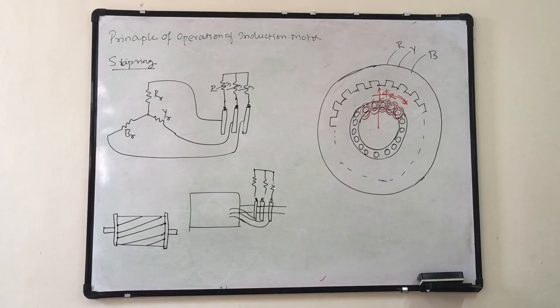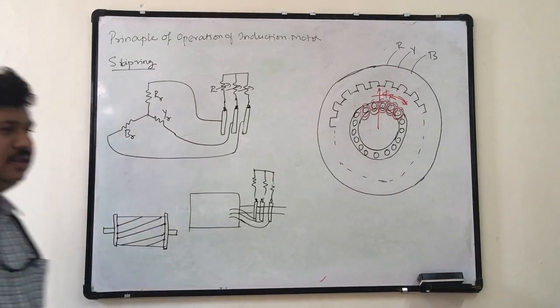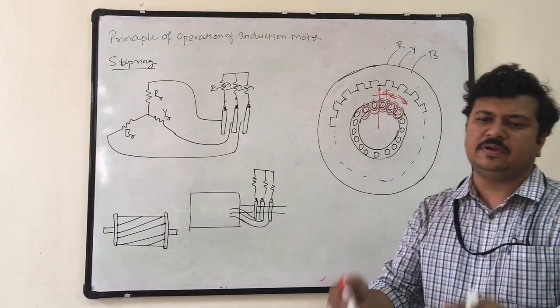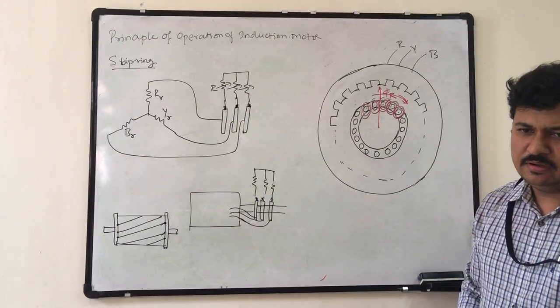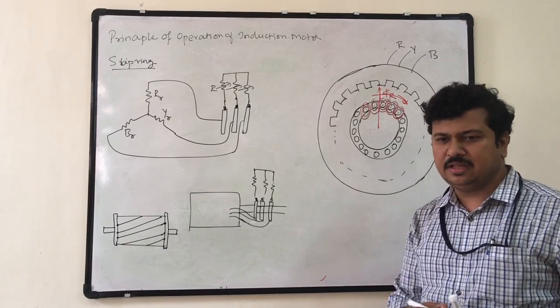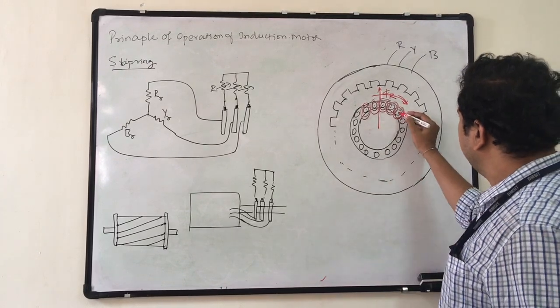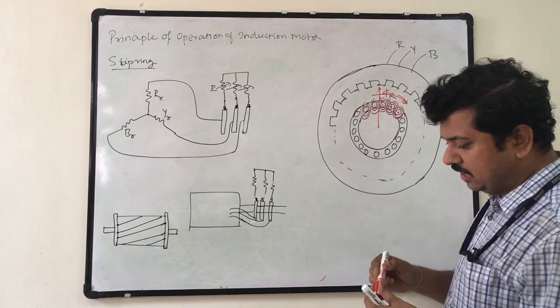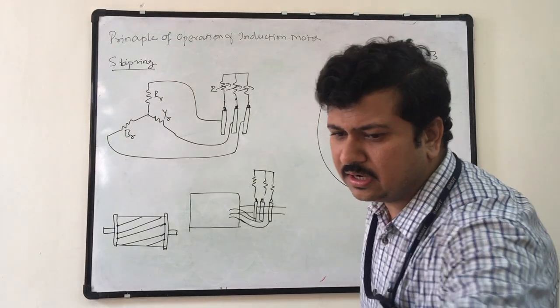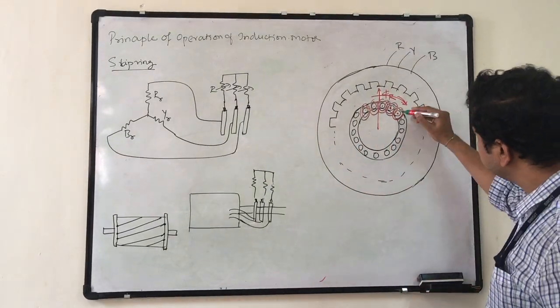So these two fluxes will interact with each other, and there will be either an attractive force or a repulsive force. And the force will be exerted in such a way that all the conductors will experience a tangential force.